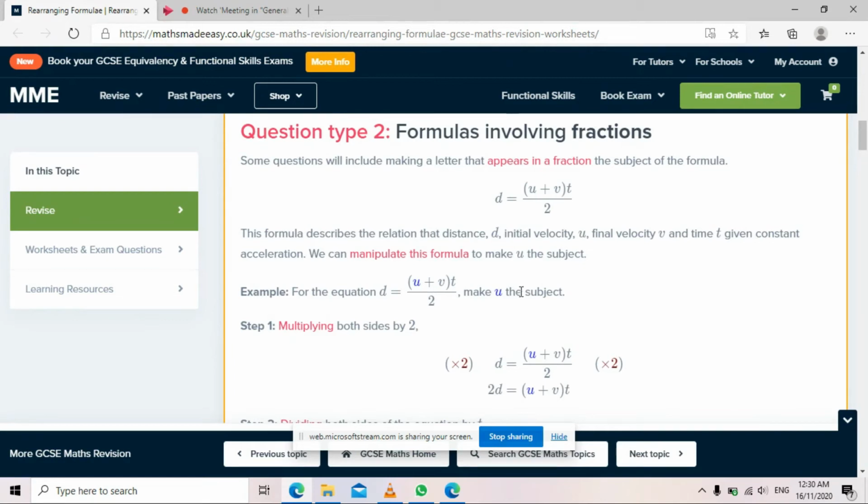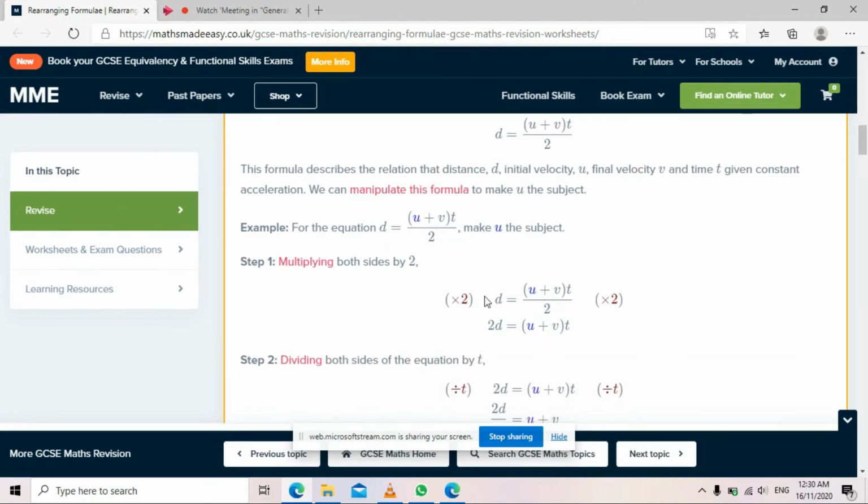So first we will multiply both sides by 2, so we can remove these 2 here, and we can remove these 2 here. There is another method that we can use, that is we can just move these 2 to the other side.